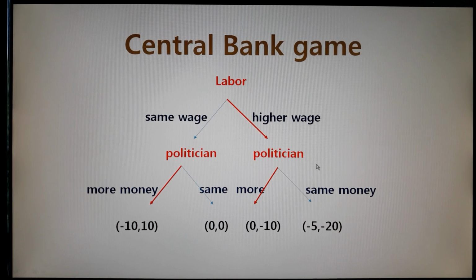In reality, the labor union negotiates with the owners of the company usually once a year or once every other year, because you cannot negotiate your wage every day. So one day they decide, okay, let's decide the next year's wage. And whatever you decide, that's it. On the other hand, the politicians can change how much money is in the market every day.